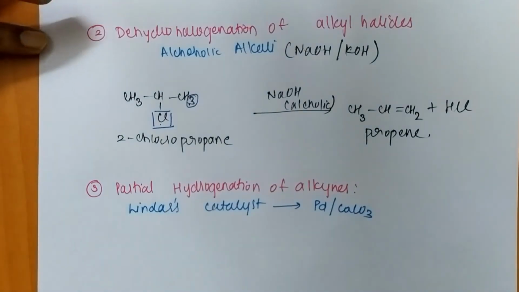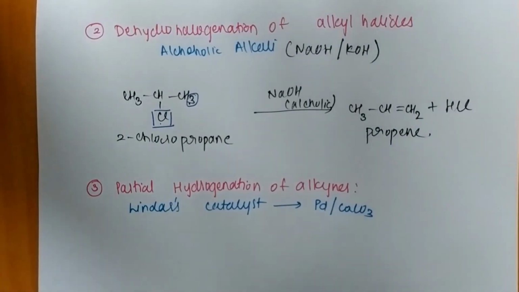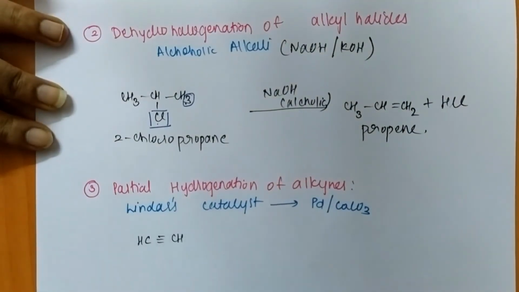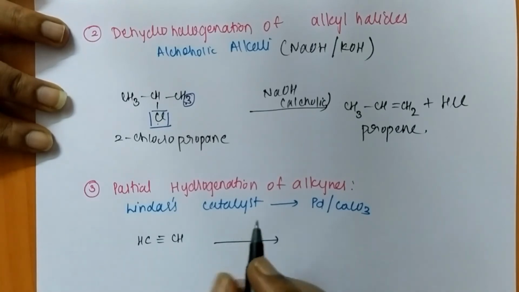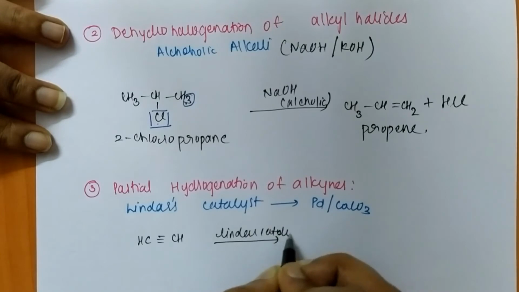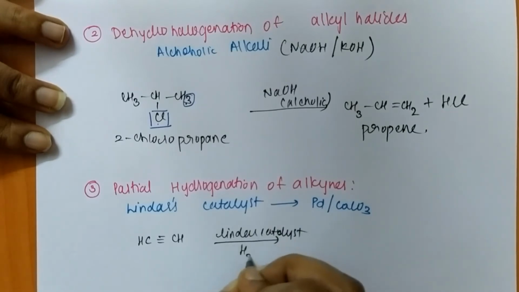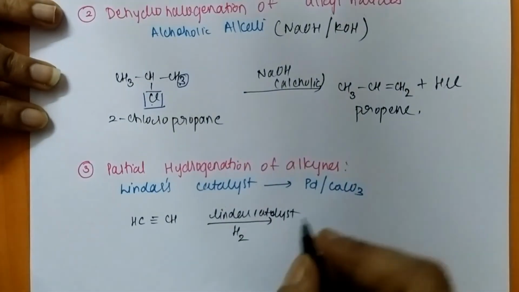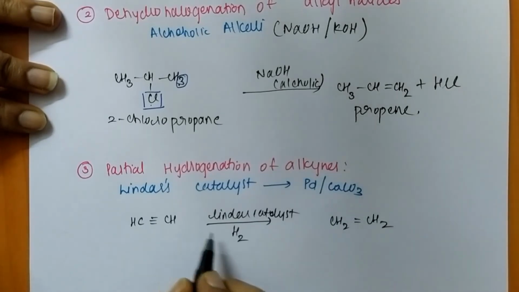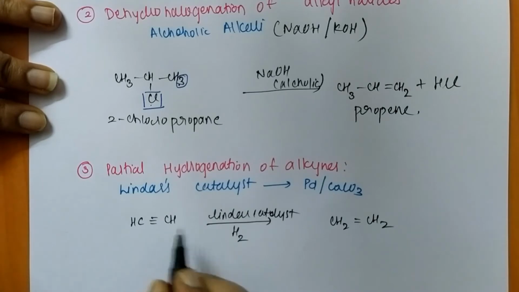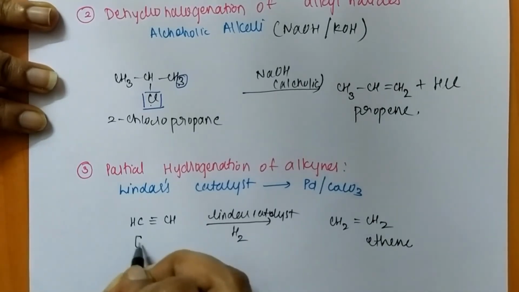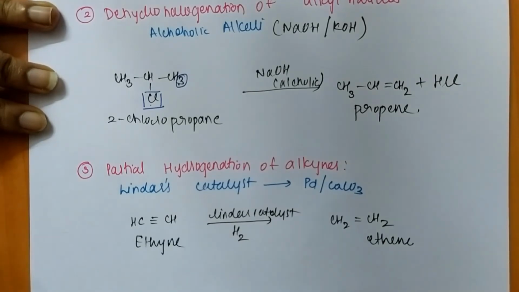Now let us consider an alkyne, for example, let us consider ethyne. So ethyne in the presence of Lindlar's catalyst and hydrogen is going to form ethene. That is, each of the hydrogens will get added to each carbon atom, and therefore we are going to get ethene when we react ethyne with the Lindlar's catalyst.